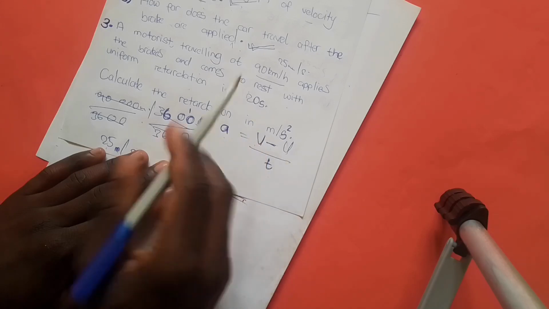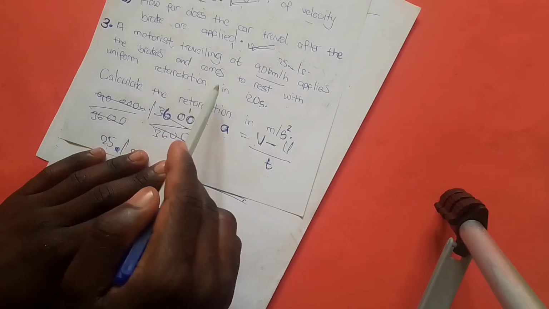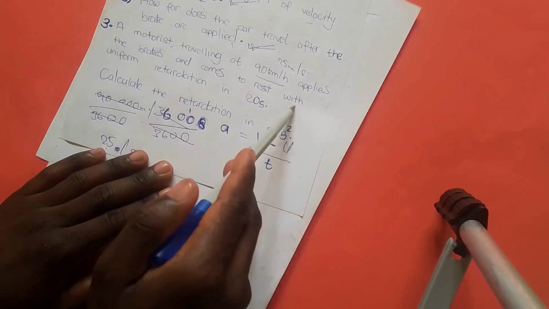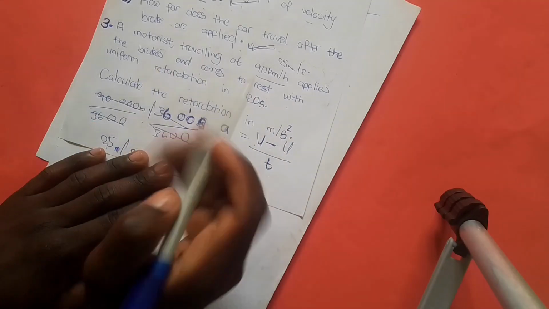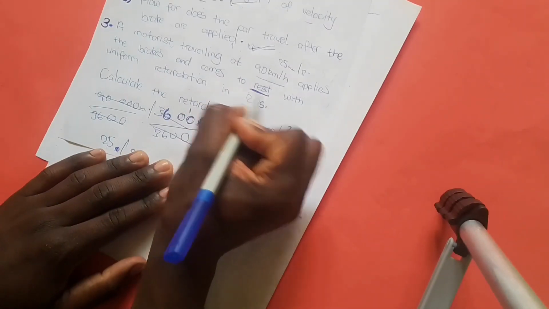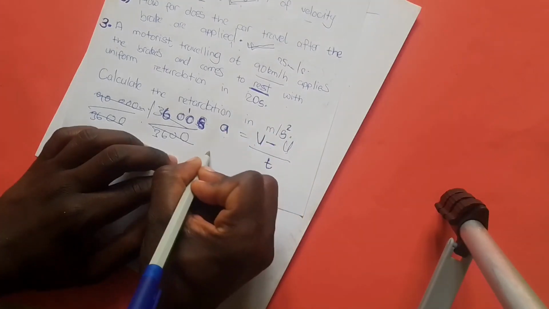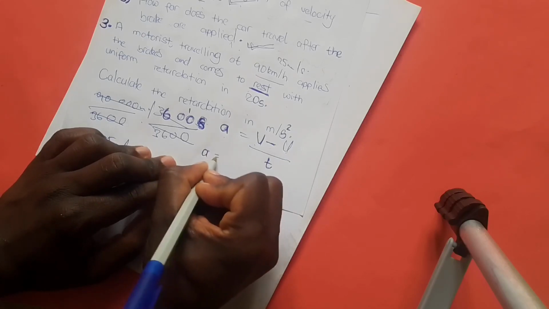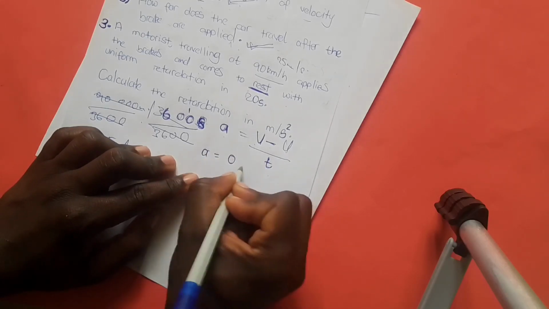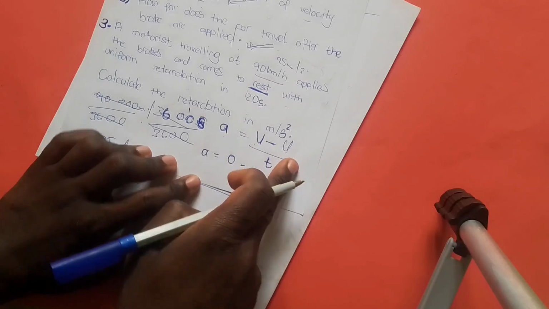How do I know that? The brakes were applied and the motorist came to rest with uniform retardation. To rest means the body came to a stop. So V is equal to 0. So A is equal to 0 minus the initial velocity.